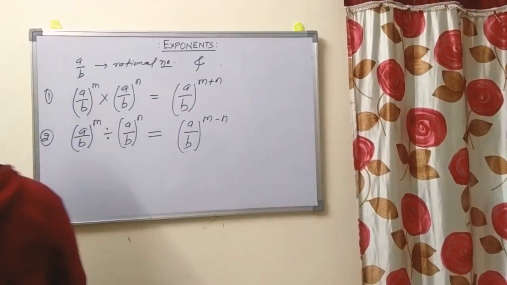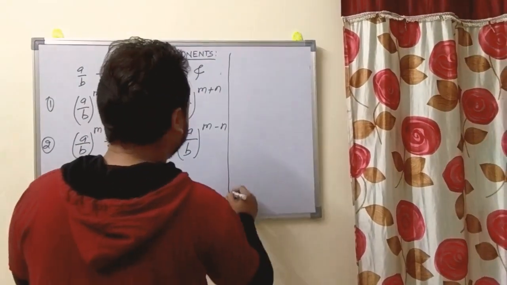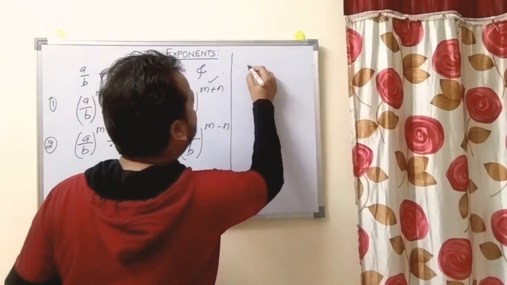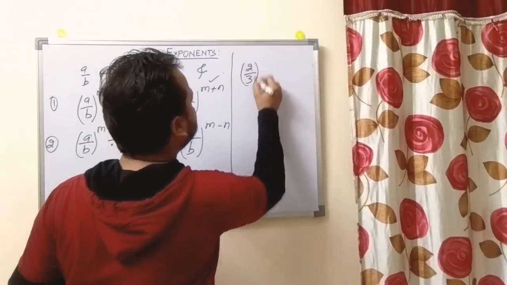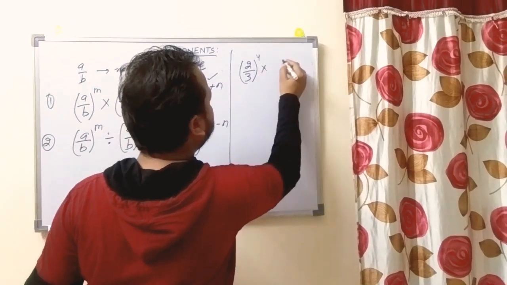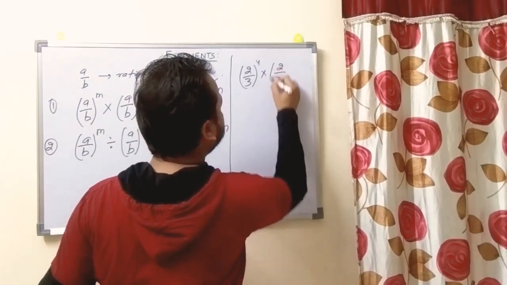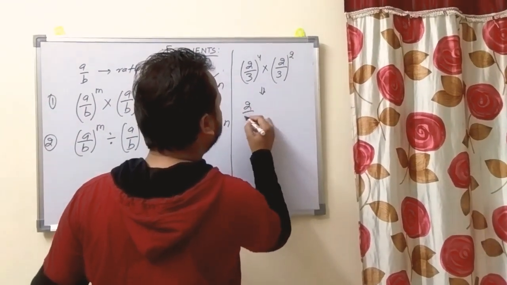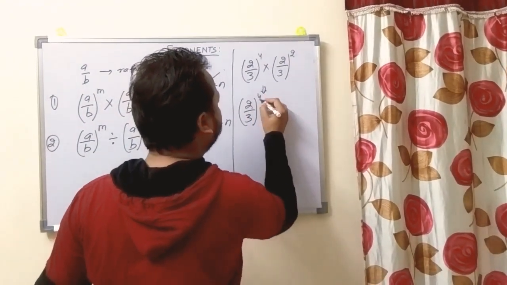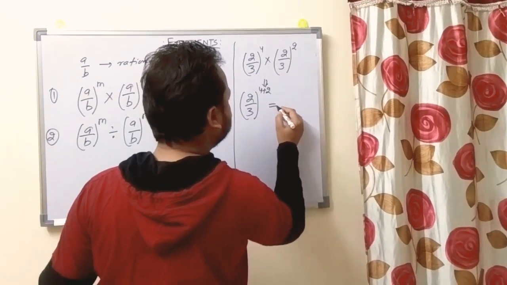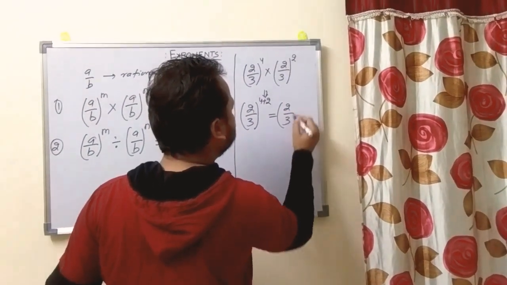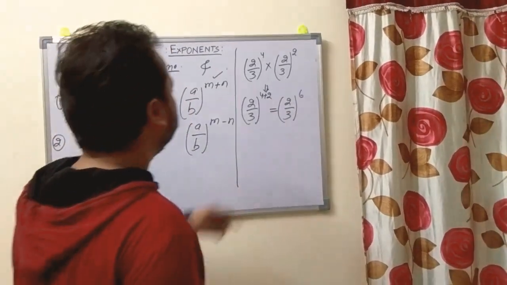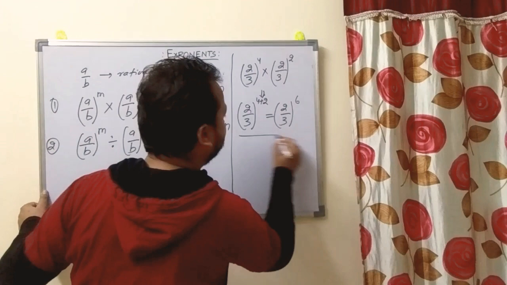Understand it by example. First we are taking an example of the first formula. If it is written as (2 by 3) power 4 multiplied by (2 by 3) power 2, you can write it as (2 by 3) power 4 plus 2, that is equal to (2 by 3) power 6, and you can solve it.